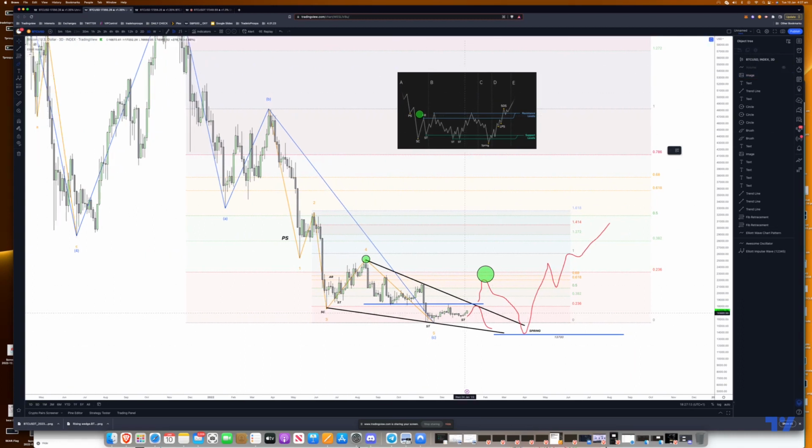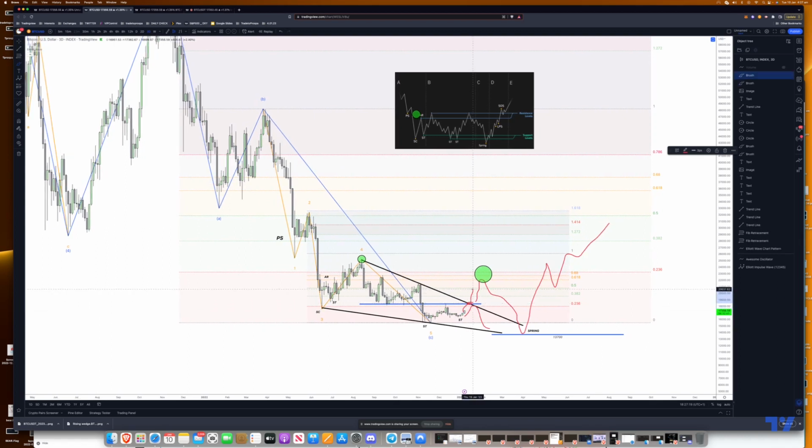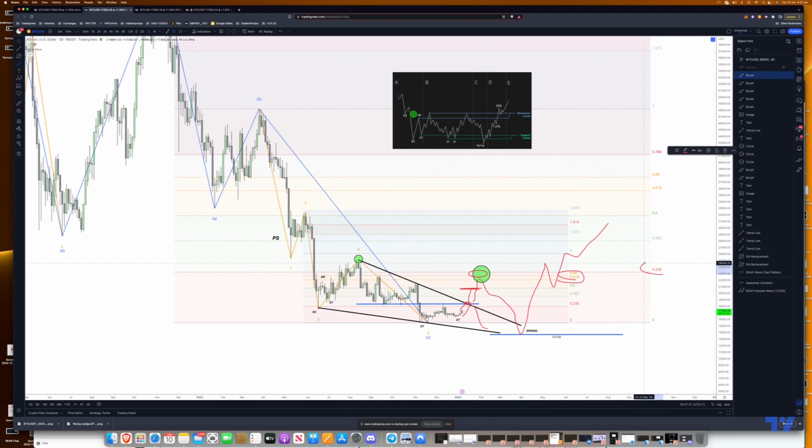So the bullish version is that it breaks this level, which is 18,500, and it just goes. And then the 0.5 is the next, and then there's 0.618 there, which is about 22,000. Now, I do think that will be a major resistance, the 0.618 level, and we've got another fib level there as well. So this could come back down.